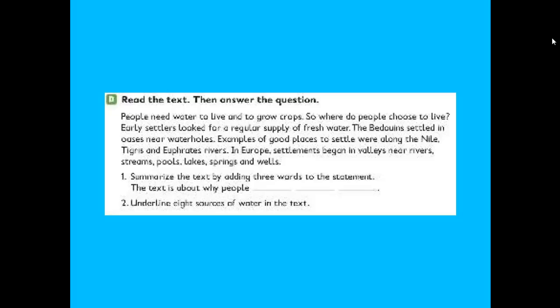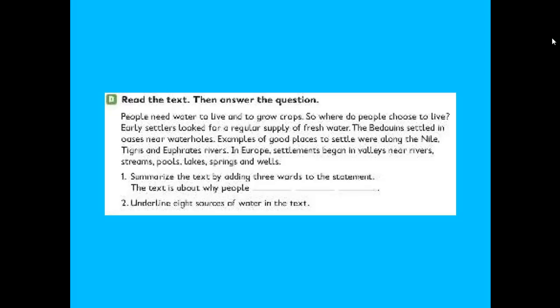Number 2. Underline 8 sources of water in the text. We have 8 sources of water here in this text. Number 1, oases. 2, waterholes. Number 3, rivers. 4, streams. 5, pools. 6, lakes. 7, springs. And finally number 8, wells.